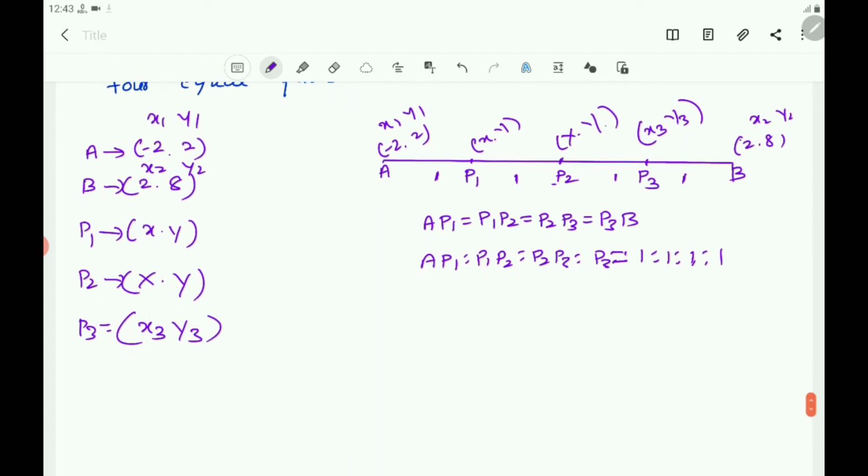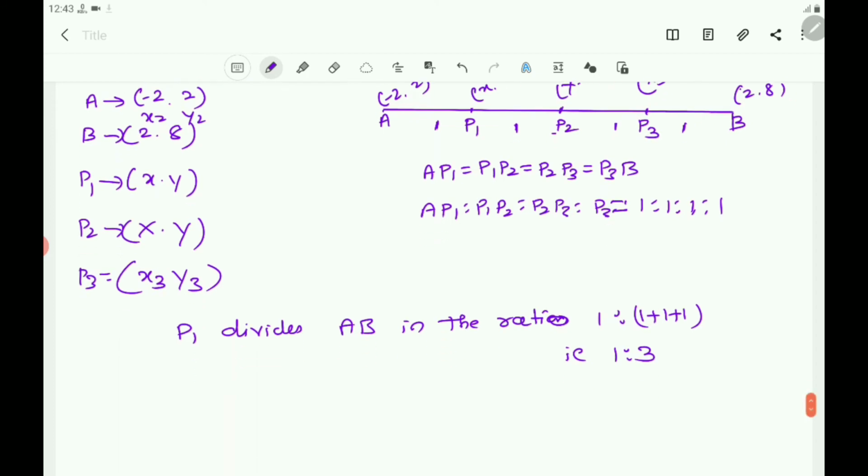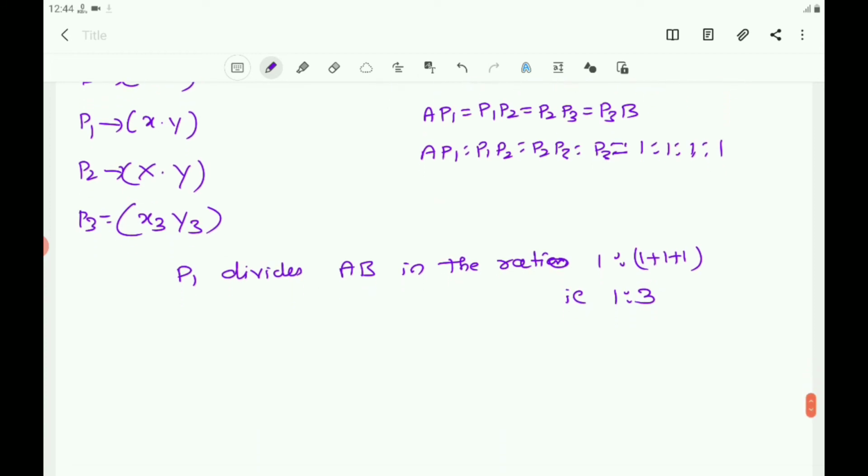Now take P1, which divides AB in the ratio AP is 1 is to 1 plus 1 plus 1, that is 1 is to 3. Now let us find the coordinates of P1. So m1 equals 1, m2 equals 3.